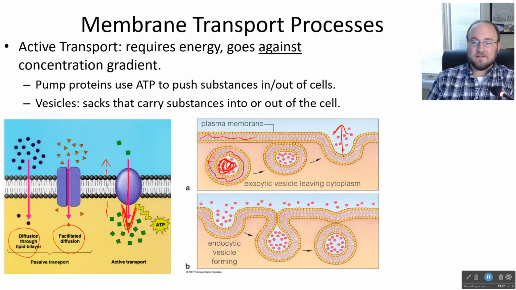White blood cells, if they are trying to absorb and eat and destroy bacterial cells, for example, might surround it and draw it into the cell and basically work the opposite way through endocytosis, forming a vesicle and taking something in. It still counts as active transport because it's still using ATP to move those vesicles around.